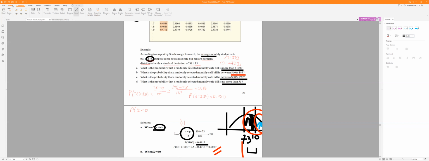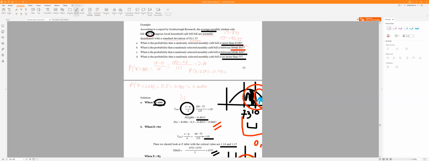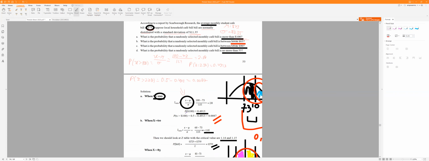If you want to find the probability that Z is more than 2.38, you do 0.5 minus 0.4913. This is 0.0087. Now you may ask, why do you have to get 0.5 and then minus it with 0.4913?